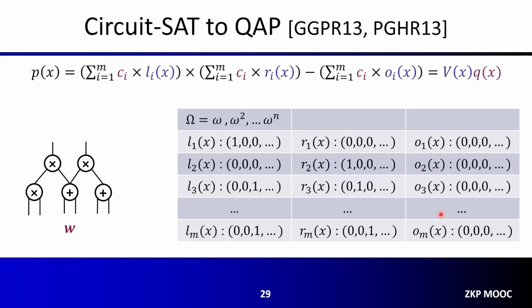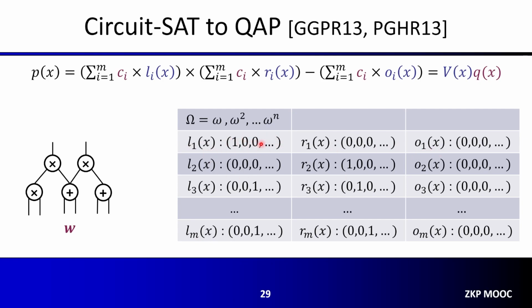Okay. Then again, to visualize it using this big table of selector polynomials defining the QAP, we have these selector polynomials L_i of x, R_i of x, and O_i of x. The number of rows in this table is m, the size of this extended witness. For every value C_i, we have a corresponding L_i of x, R_i of x, and O_i of x.